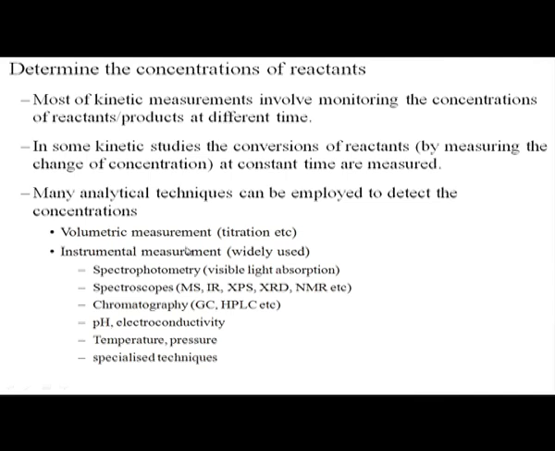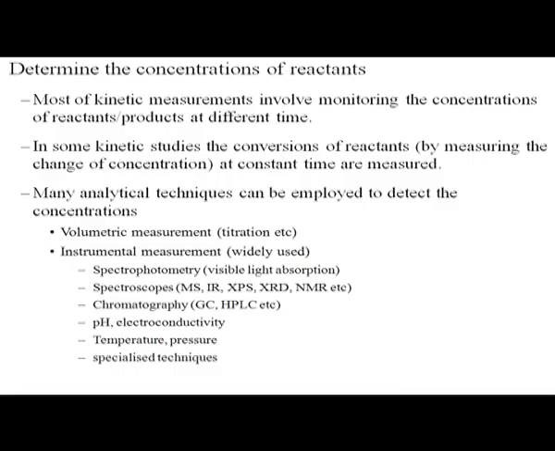Now, next thing is determination of concentration of reactants. Most kinetic measurements involve monitoring the concentration of reactants at different times. As I told you, for slow reactions maybe you monitor concentration at 2 minutes interval, or 5 minutes, or 10 minutes interval, and then by simple titration.